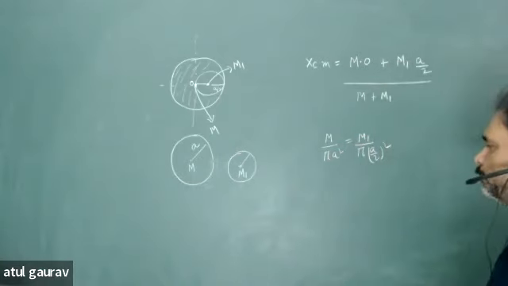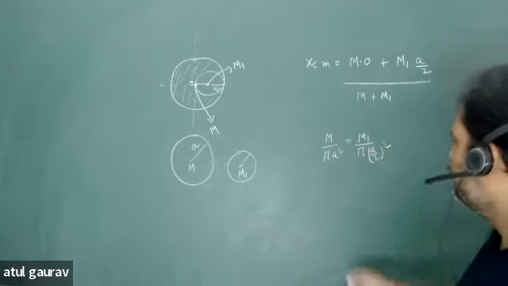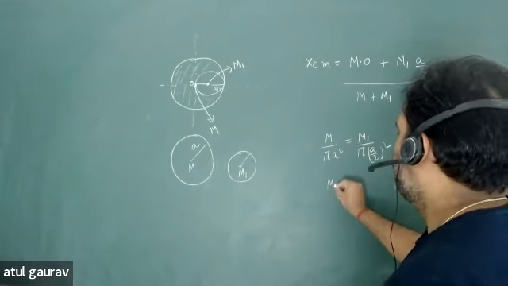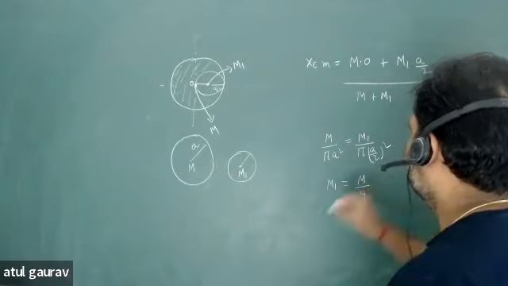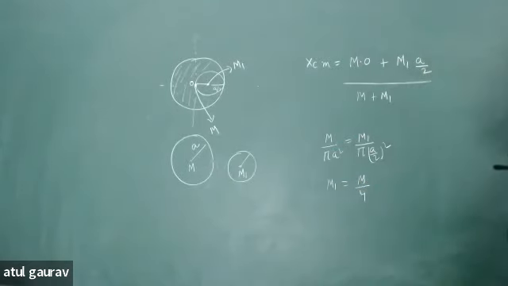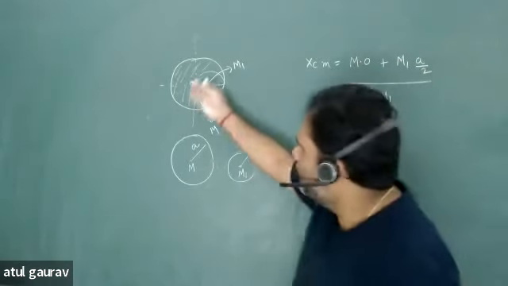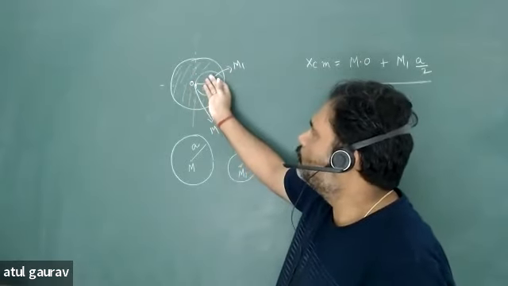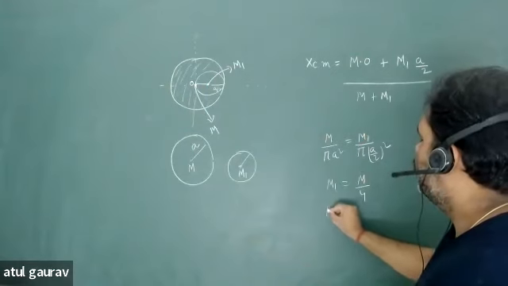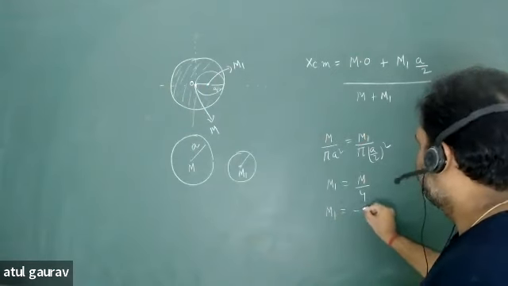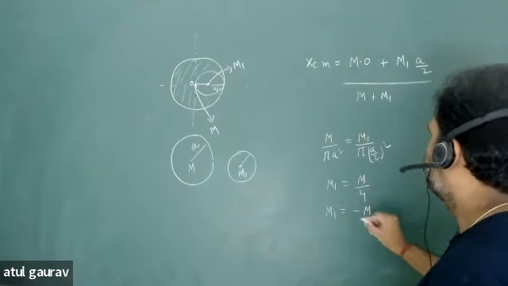Yes or no? So what is m1? So m1 is equal to m by 4. Yes, but this is a hollow part, so we can assume the mass is removed from there, so we can put m1 is equal to nothing but minus m by 4.